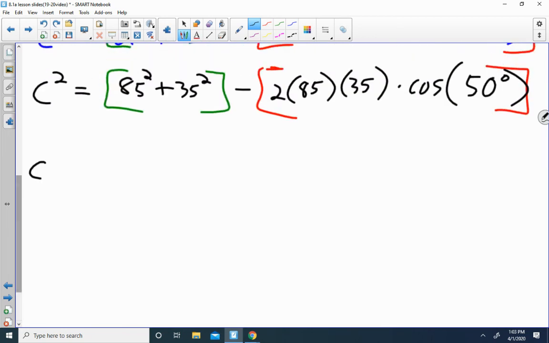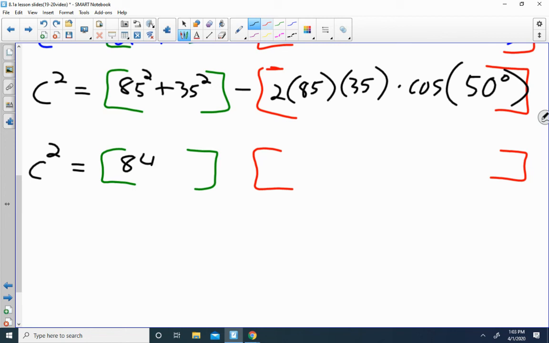All right, so c squared. We're going to be dealing with some bigger numbers this time. It's going to be fun. Let's do 85 squared plus 35 squared. That gives you 8450. That's what you get when you do 85 squared plus 35 squared.